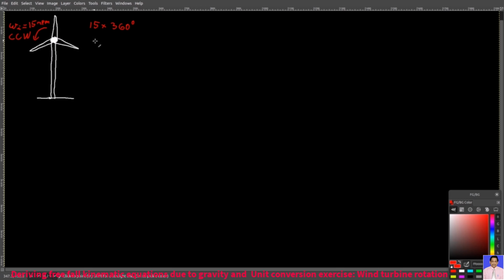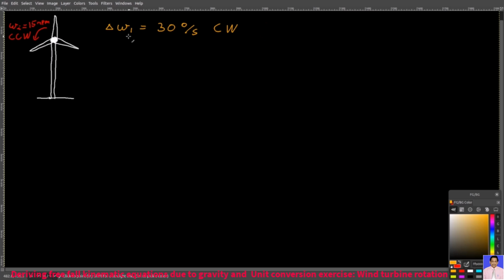That's what RPM means. Let's now say that due to changes in wind, there has been a change in rotational velocity, or angular velocity. And this change, let's call it delta omega 1. The first change is 30 degrees per second clockwise. Clockwise means that you're rotating with the clock, so like this, in this way.